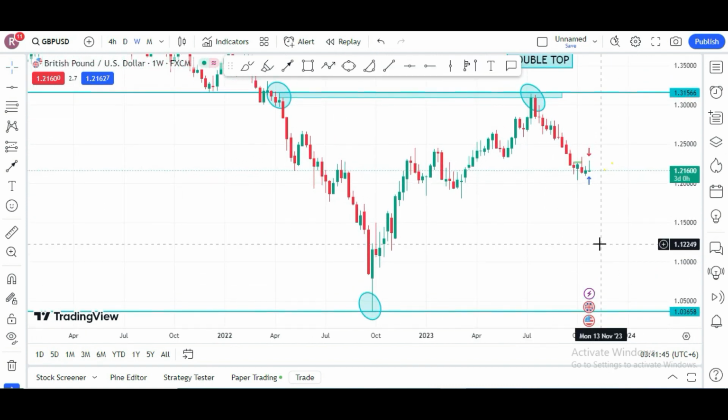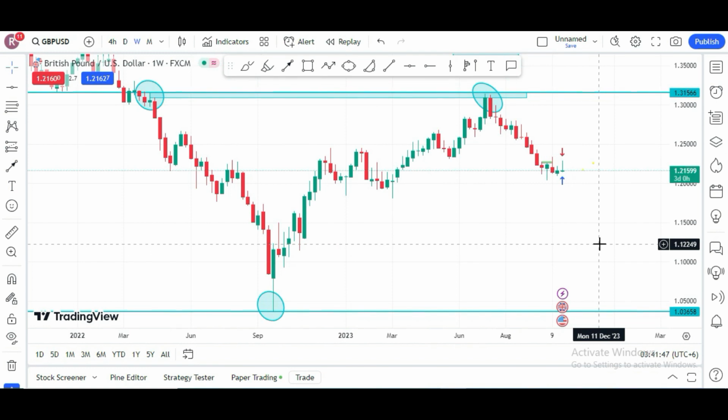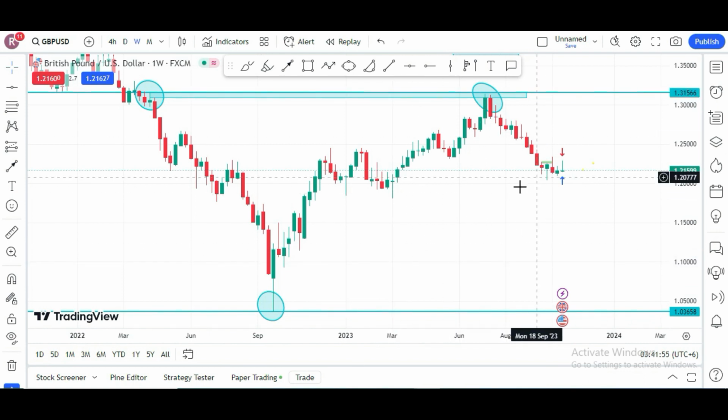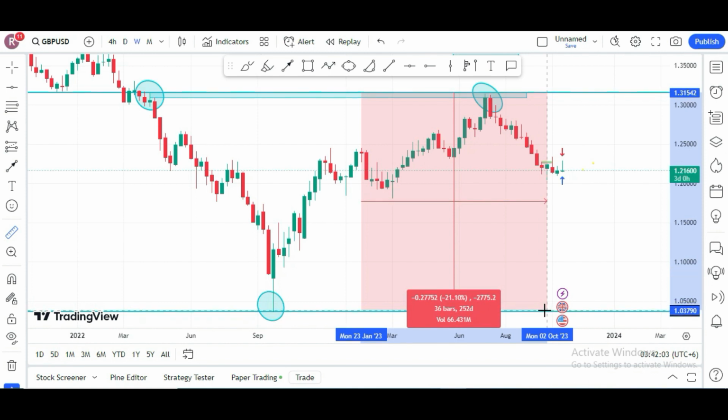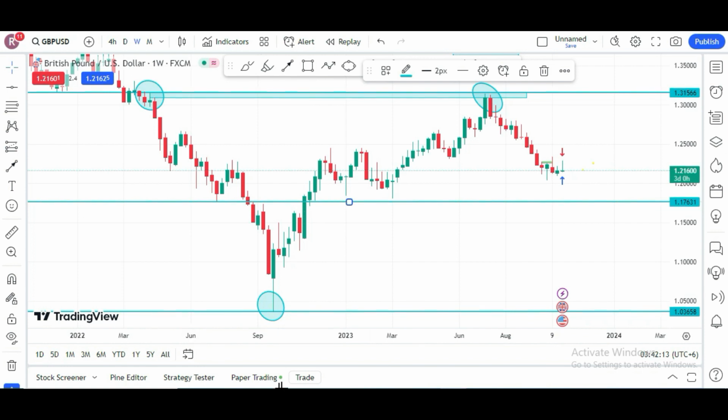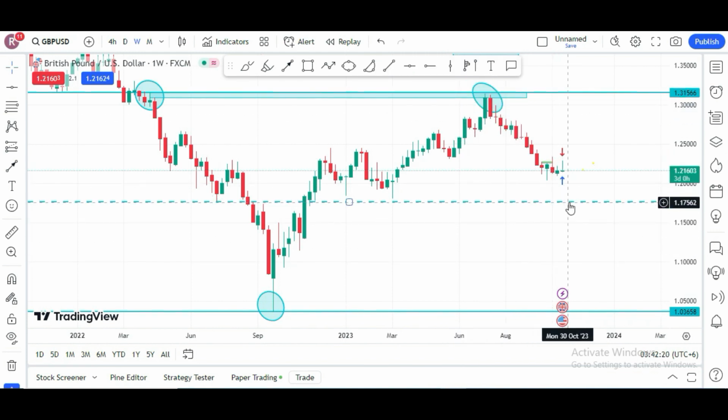What happened now? Now let us measure what is happening. What are the things we can measure here? So half of the double top, if we see, is here, and it has not reached the half yet.